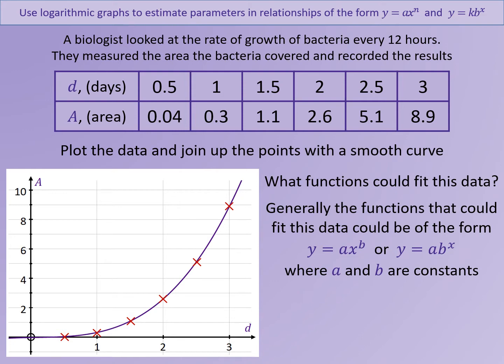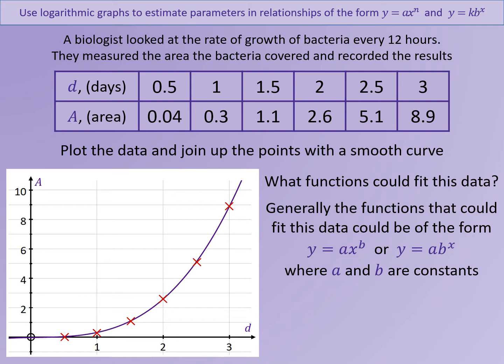So that would be, for example, where you've got maybe x squared or 3x squared, or maybe x^4, or maybe 5x^4. So the biologist knows that this sort of shaped curve could result in an equation like that, or it might result in an equation like the second version, which is more like our exponential functions that we've been looking at in a previous presentation.